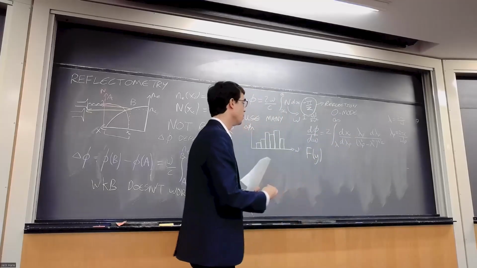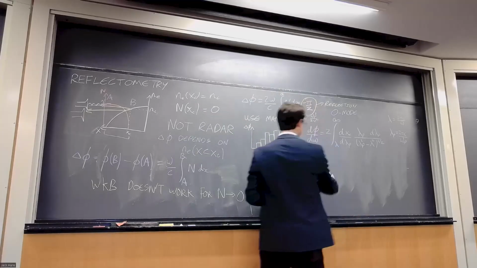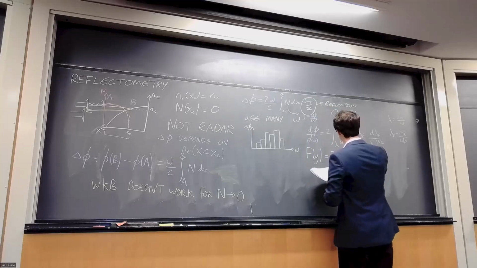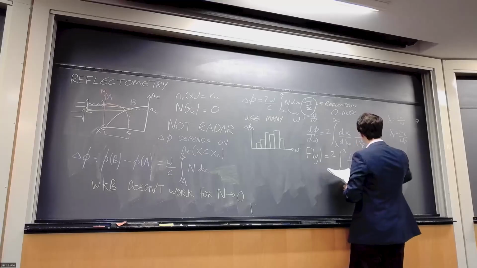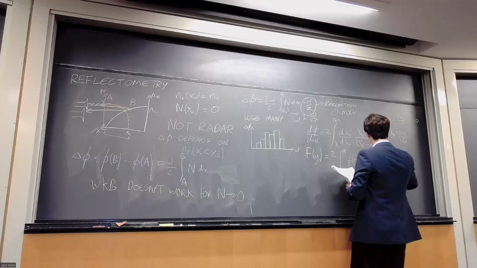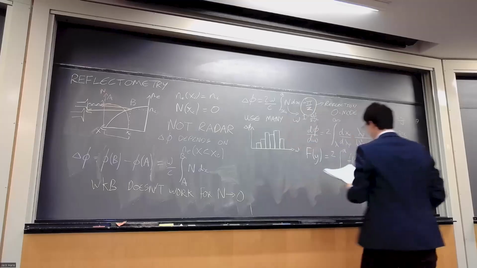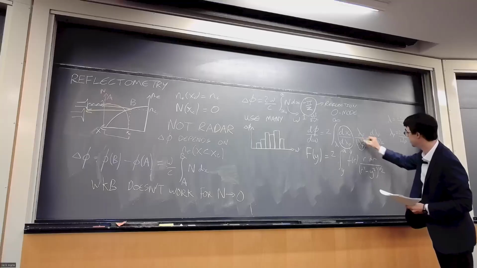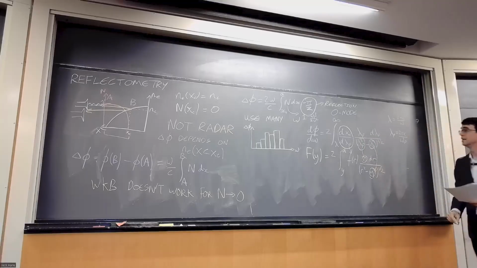This is the one where you go from your radially distributed function f of r to your line integrated function f of y, and that was equal to 2 times the integral from y to a of f of r dr over r squared minus y squared, the half. And so I can make the identification of this term with this term, lambda p with r and lambda with y, like that.